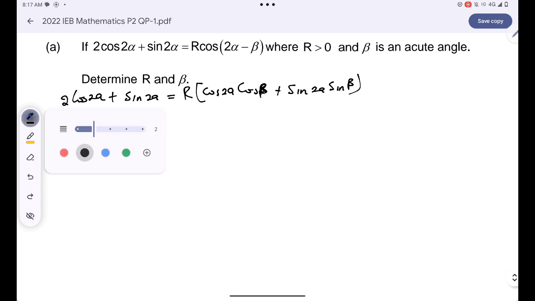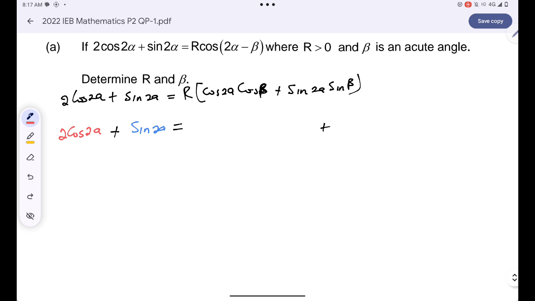Okay, so this will be equal to 2 cos 2a plus sine 2a. You'll get it in a minute now, guys. Why am I using different colors? I'm using different colors to indicate that this portion which is in the right hand side is equal to the other portion which is in the left hand side.